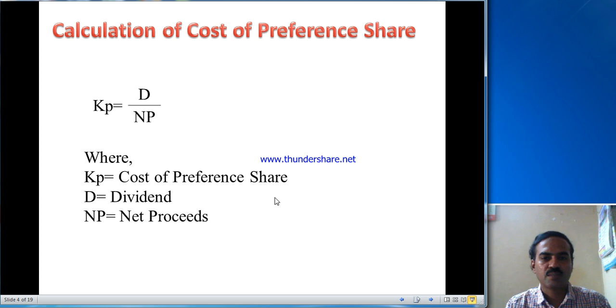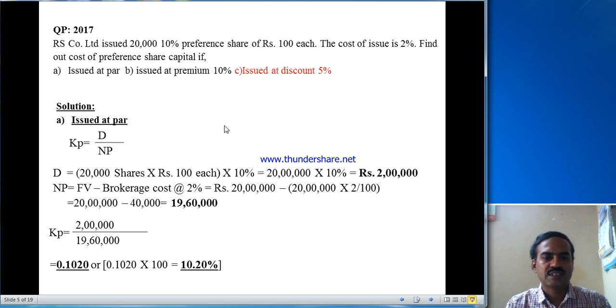Point to be noted here is that this particular formula, Kp equals D divided by Np, is the same formula to be used for all three cases. Even when the preference shares are issued at par, issued at discount, or issued at premium, the same formula is to be used. So let us see.